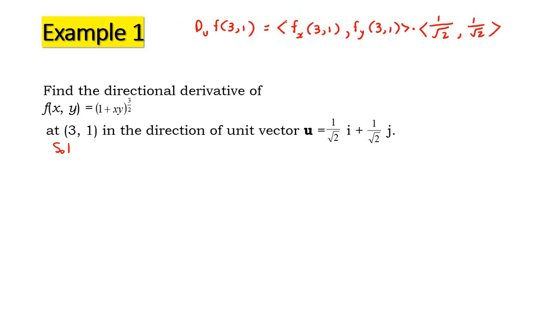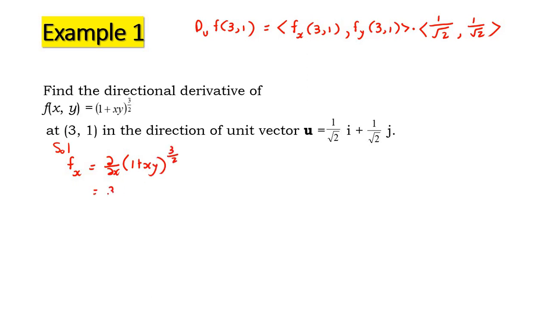First step you need to find fx. Second step, find fy and then plug in at the point (3, 1). Then lastly find the dot product. So that is the result. First of all we find fx. Fx is del x of the function f given, which is (1 plus xy) power 3 over 2.